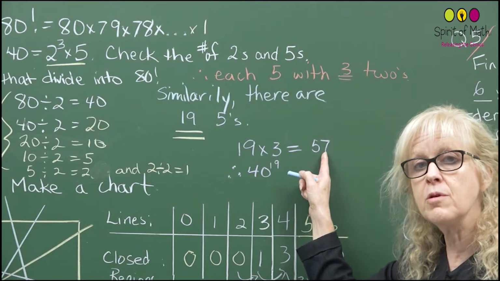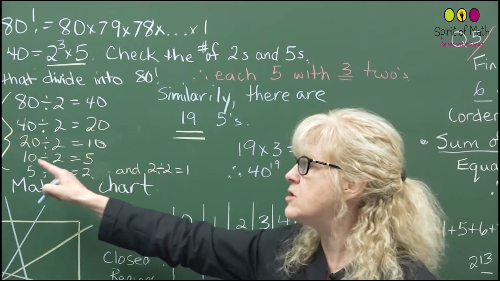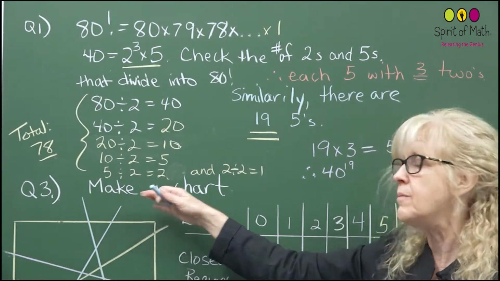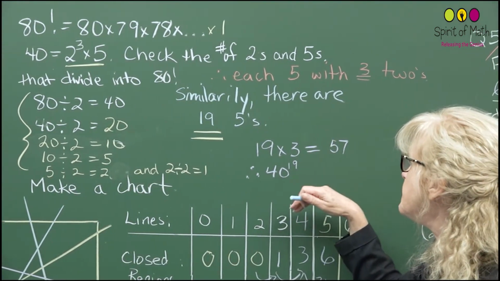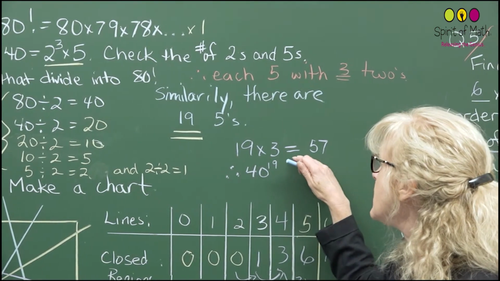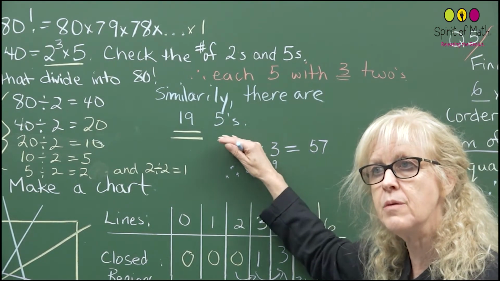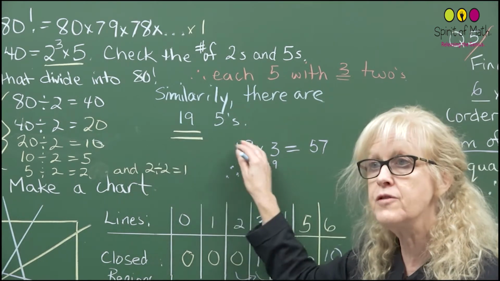So the maximum number of 2's you can use is 57 out of that total of 78. You have way more 2's than what you'll need, which is usually what happens. And so basically, that means that you can fit 3 2's with each 5. That was just a double check to make sure you had enough 2's.